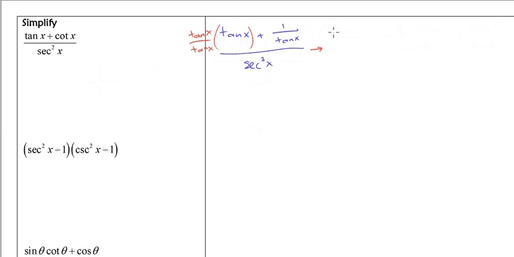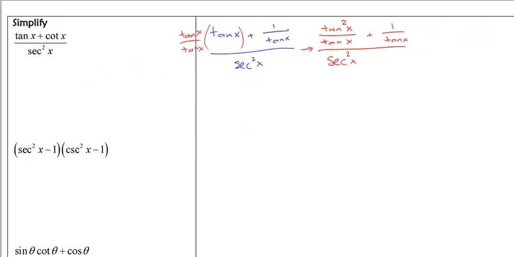All right, so we end up with tangent of x squared over tangent of x plus 1 over tangent of x, still all divided by secant of x squared. Okay, now that we have a common denominator, we can add these two terms together.